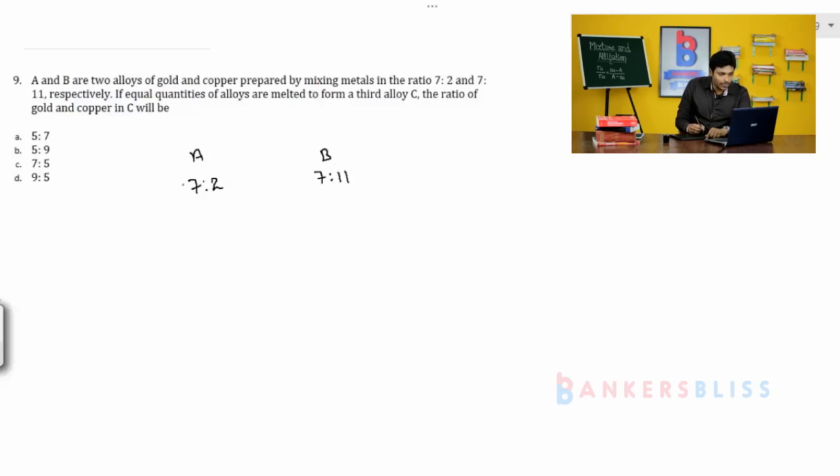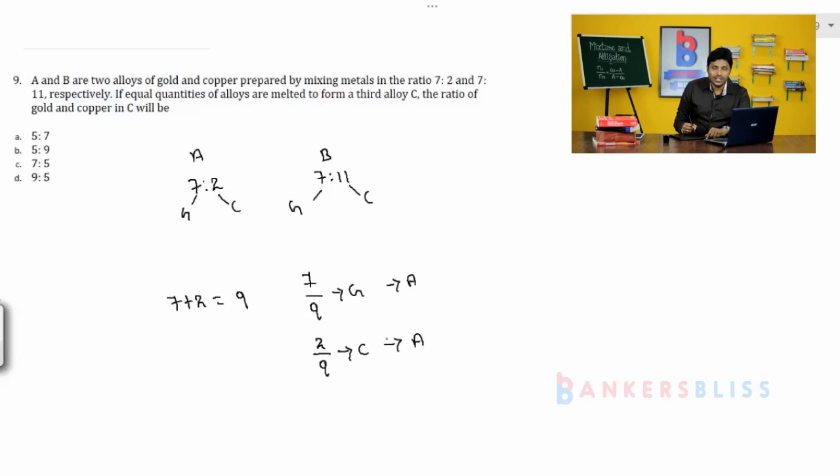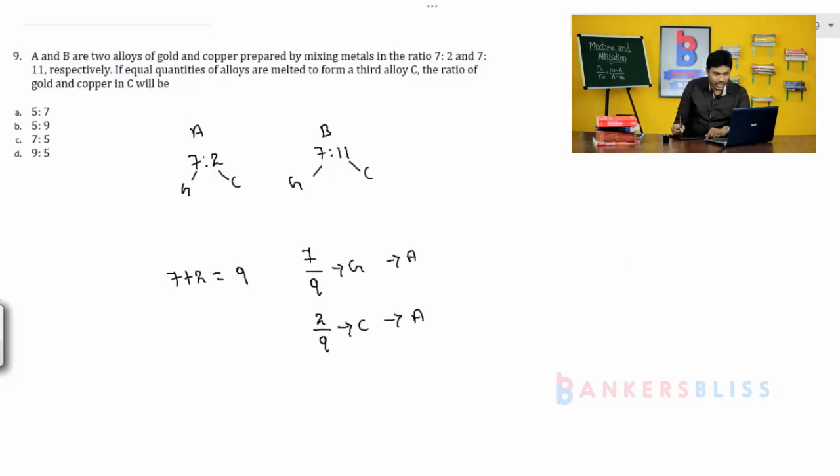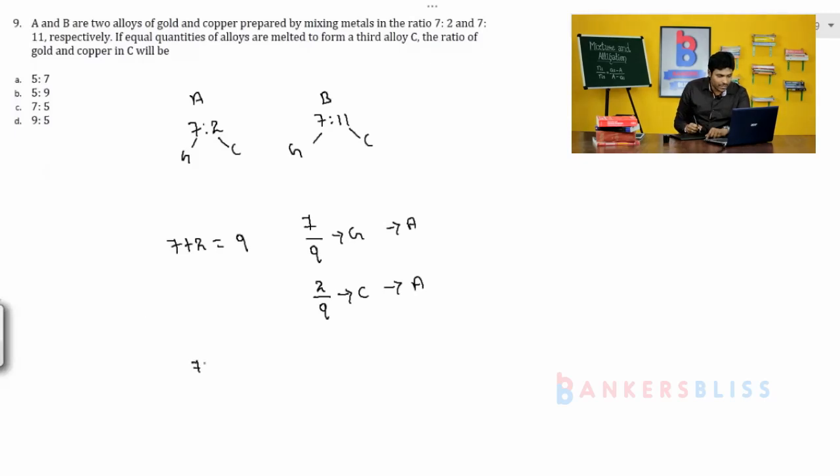The first one represents gold, the second one represents copper. So what is the total part? That is 7 plus 2, that is 9, means 7 by 9 represents gold for A. Next, 2 by 9 represents copper for A. Like that you calculate for B. For B, 7 plus 11 is equal to 18.